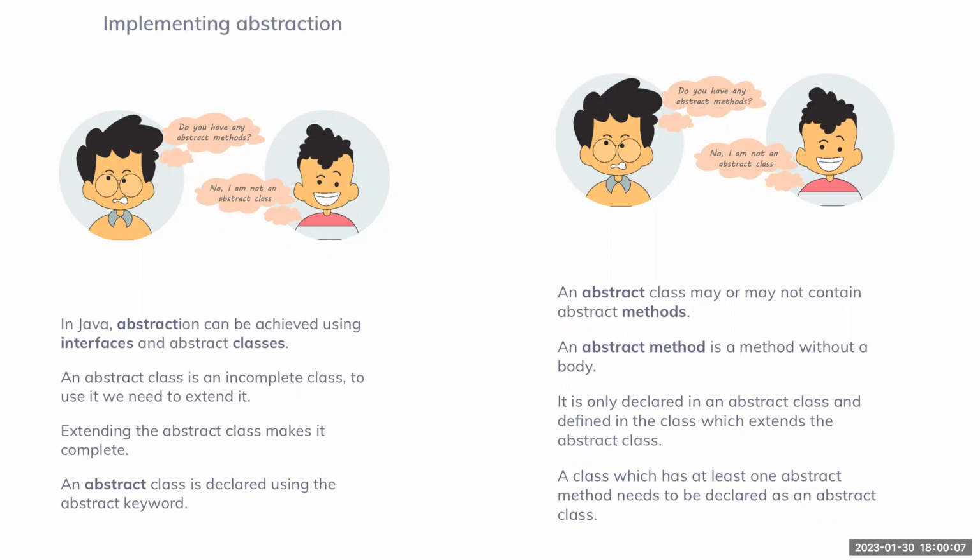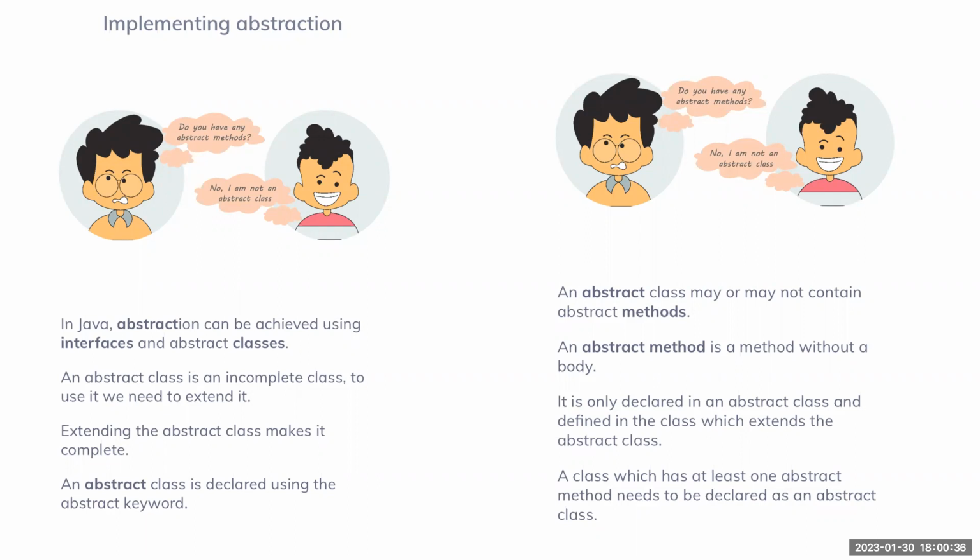So what is an abstract class? An abstract class is an incomplete class. To use it, we need to extend it. When I say incomplete class, what does that mean? In abstract classes, we will have implemented methods and also declared methods.